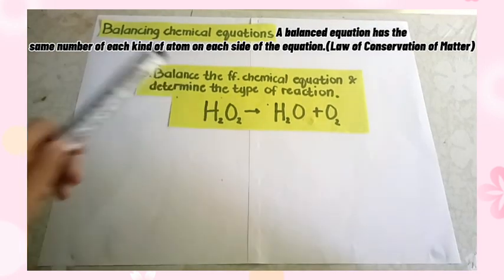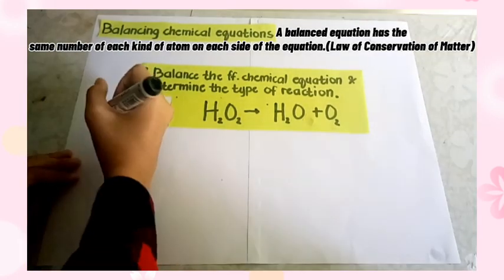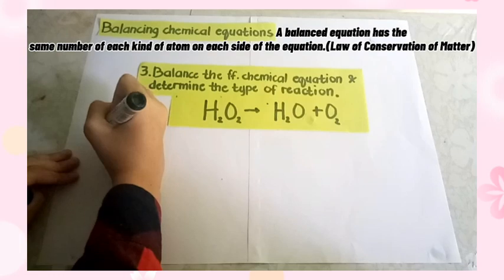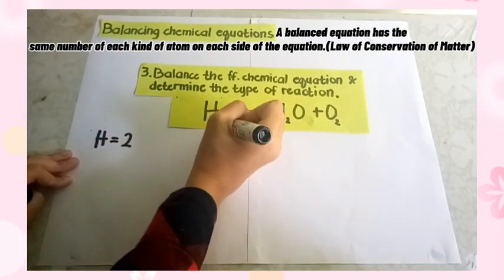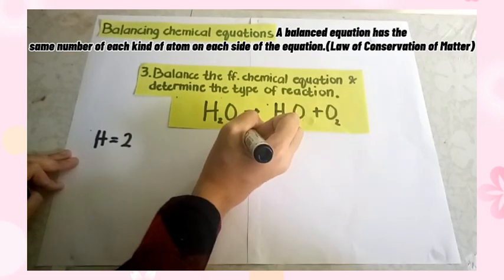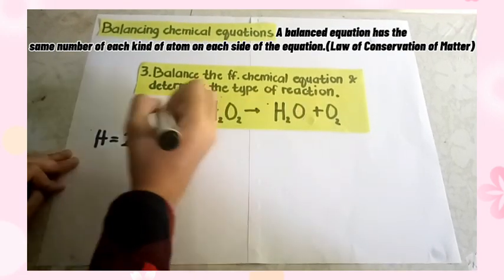In the reactant side, we have two atoms of hydrogen and two atoms of oxygen.